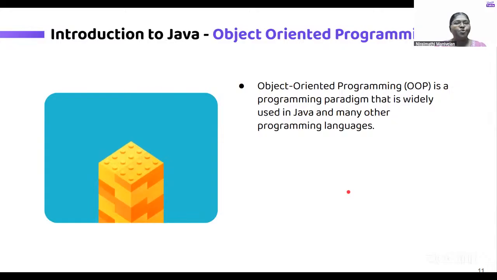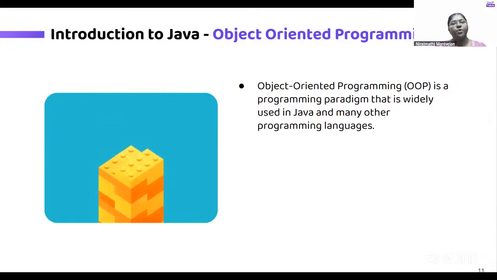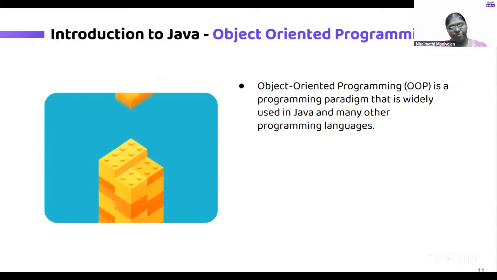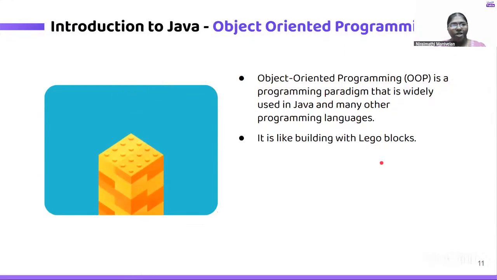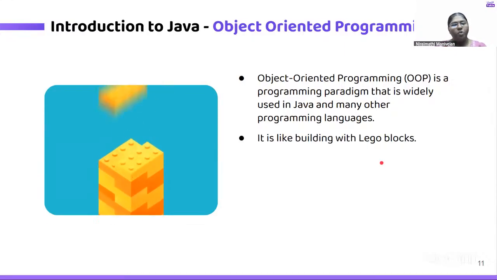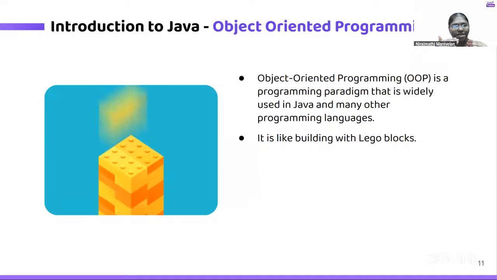When it comes to the object-oriented programming paradigm, OOPS, that is widely used in Java and so many other programming languages. The OOPS concept is used in different languages. You already know about building blocks, Lego blocks, where we will be creating the structure.